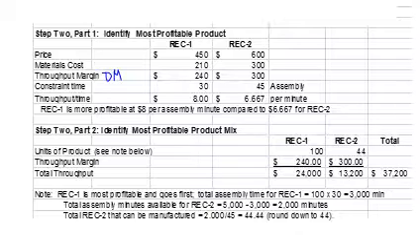The constraint we identified was assembly. For REC1, assembly was 30 minutes. So we divide by 30 minutes, and that gives us $8 of throughput per minute.